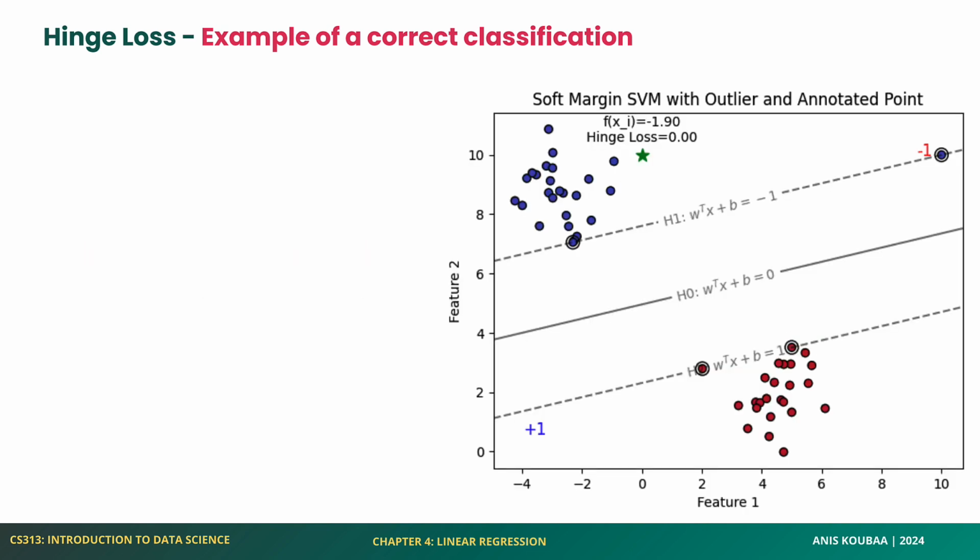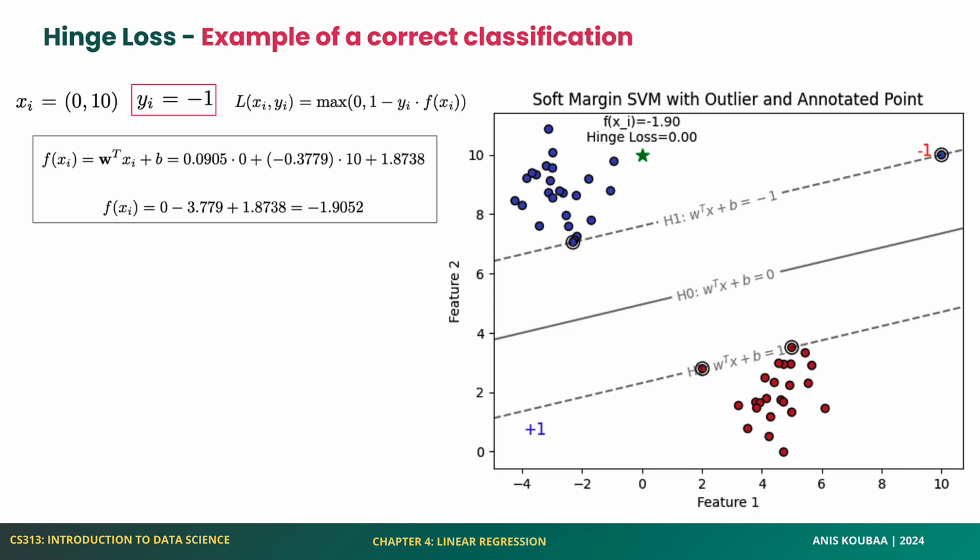Now taking this point, we want to calculate the hinge loss again. I'm going to apply the same functionalities, applying minus 1 as the prediction. Calculating the f(xi) by applying this formula, I will find that f(xi) is equal to negative 0.9.